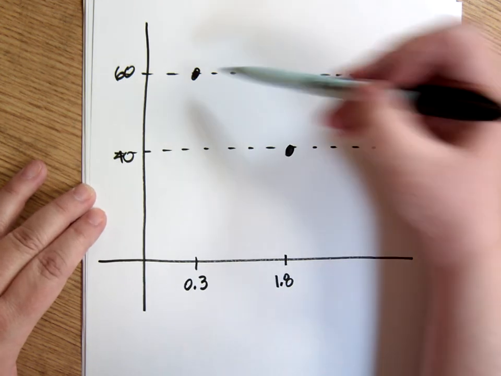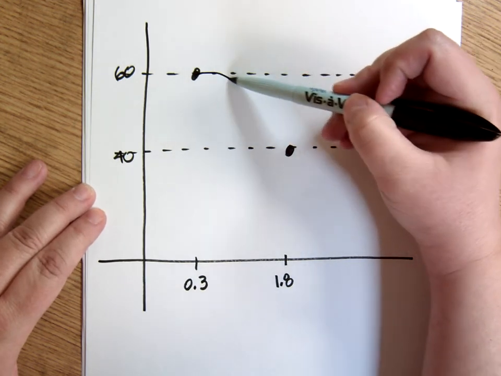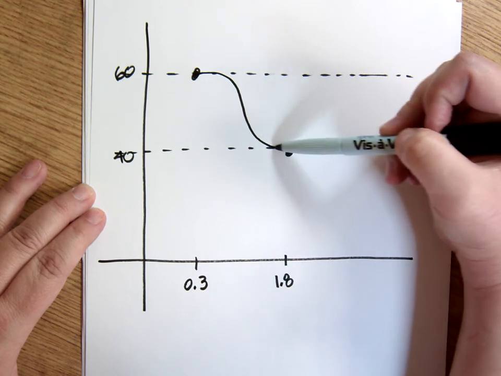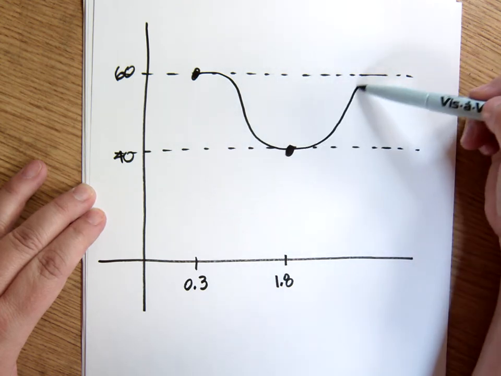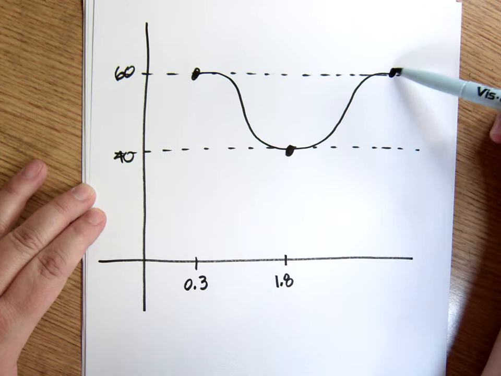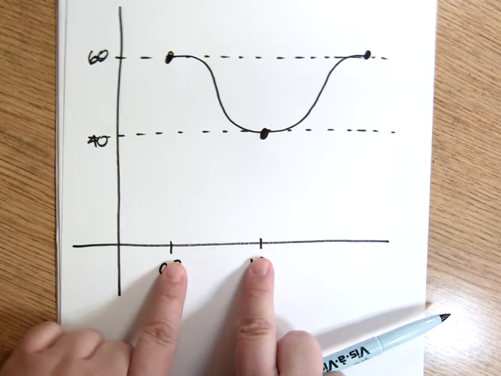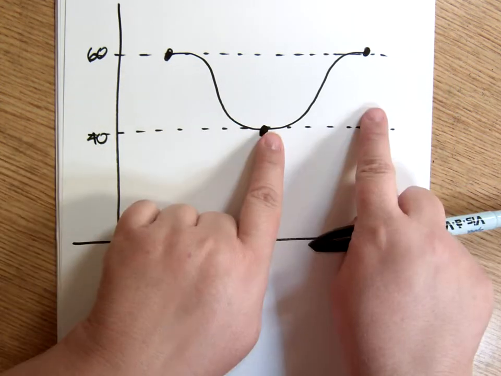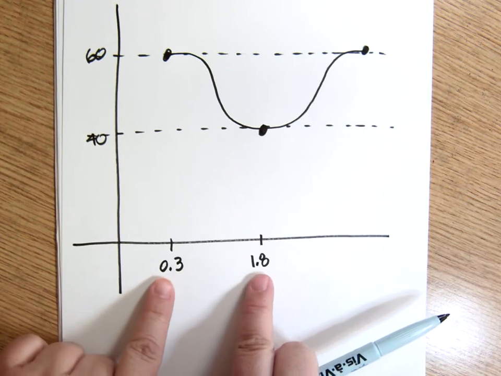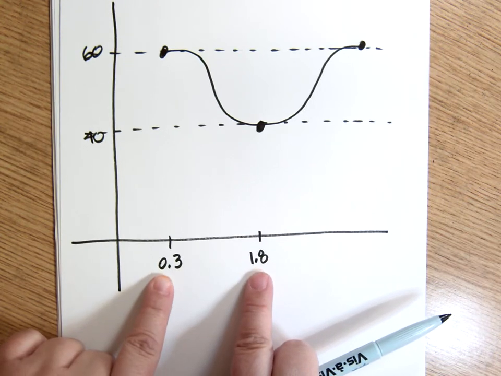First of all, I need to figure out what that tells me about the whole situation. It tells me it goes back up, and however long it took to get from here to here, that's how long it's going to take to get from here to here. So 1.8 minus 0.3, think 18 minus 3, that's 15, or 1.5.